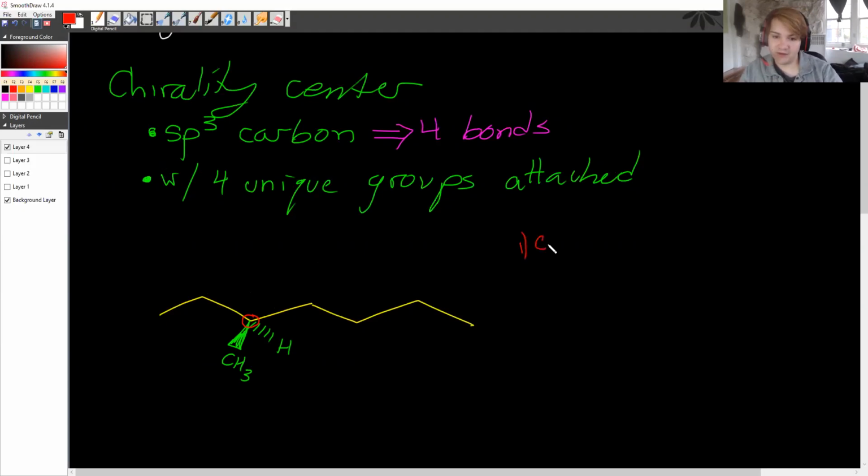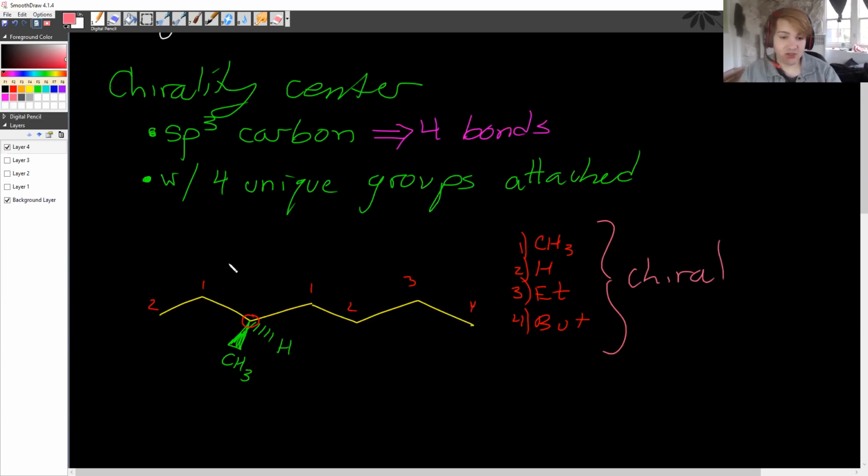Well, it has a CH3 group, it has an H, it has this ethyl portion, and it has this butyl portion. So all 4 of these groups attached to this carbon are unique, so this carbon is chiral.